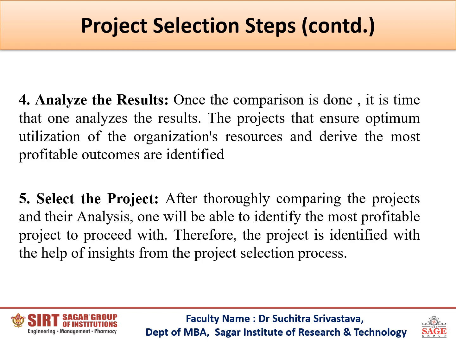Now, once we have done the comparison, it is the time that we analyze the results of the comparison. Then we look for the projects that ensure optimal utilization of the organization's resources and derive the most profitable outcomes for the organization. The last step is making of the final selection.